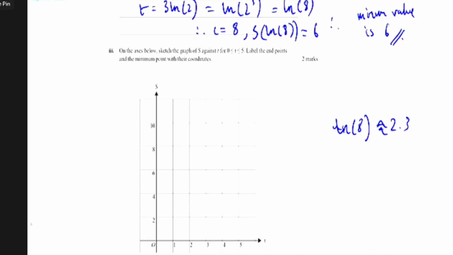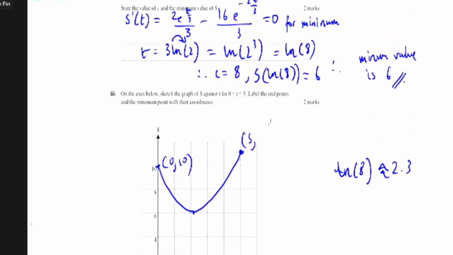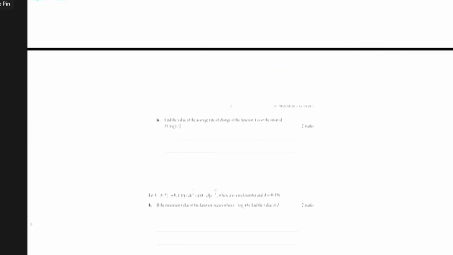So, connect the dots, and just label your endpoints. Yeah, that's a curve. 5, 2e. Literally drew a straight line. I don't know how you did that. So that's the graph.